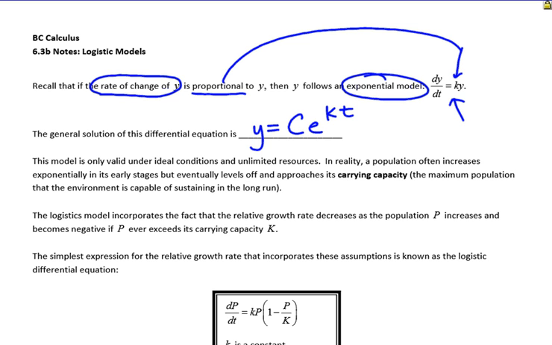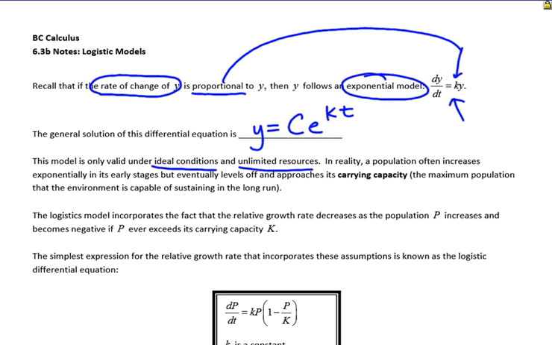All right, but a lot of times with an exponential model, we talk about population growth and things like that, but this model is only valid under ideal conditions and unlimited resources. If I have a population of 2 rabbits, and they start to breed, at first it looks like exponential growth, but in reality the population of rabbits does not approach infinity, because we don't have ideal conditions.